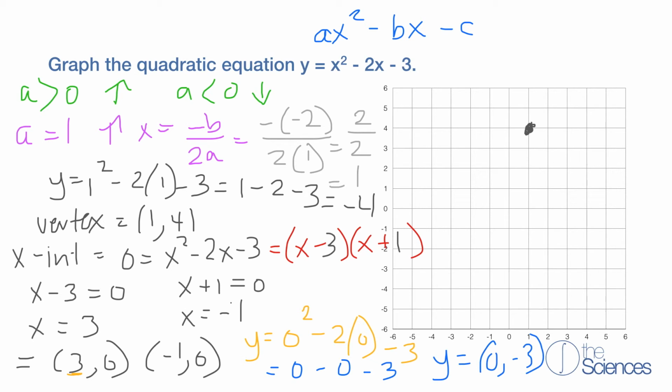Oh, I'm sorry, the vertex is at 1, negative 4. Right here we have a negative 4. So it will be 1, negative 4.